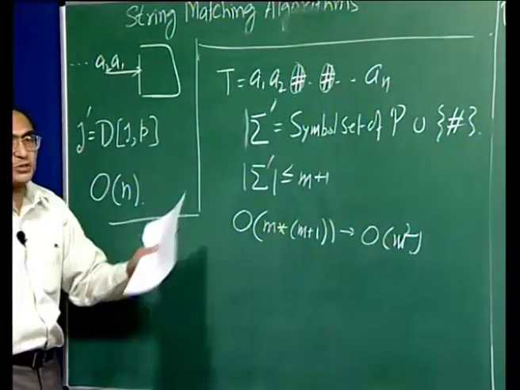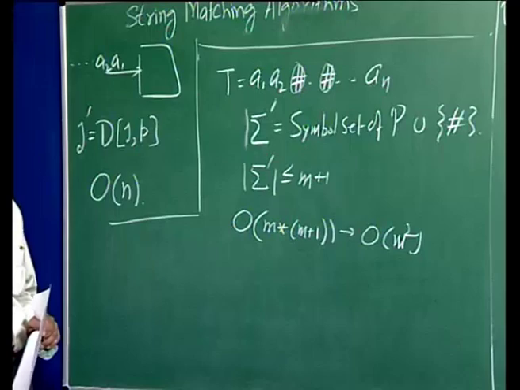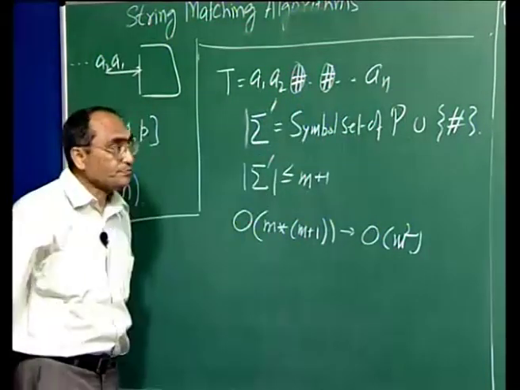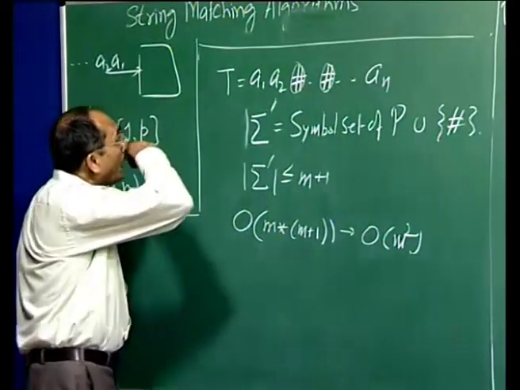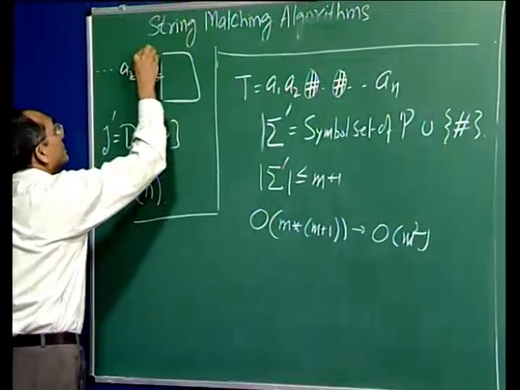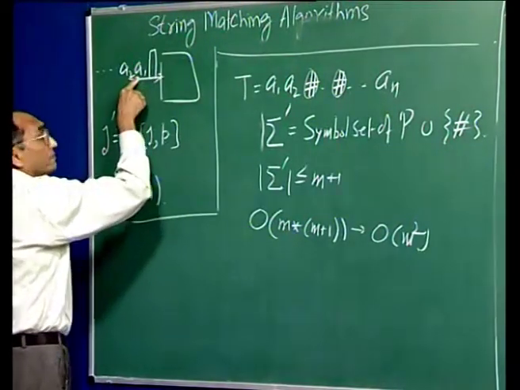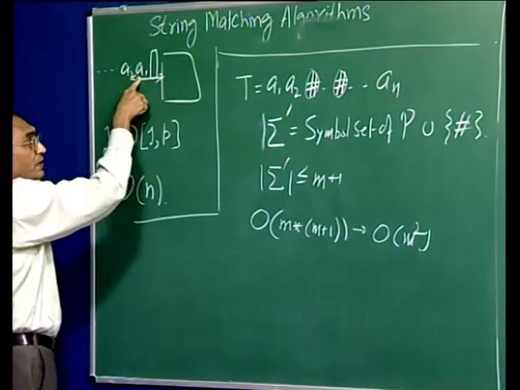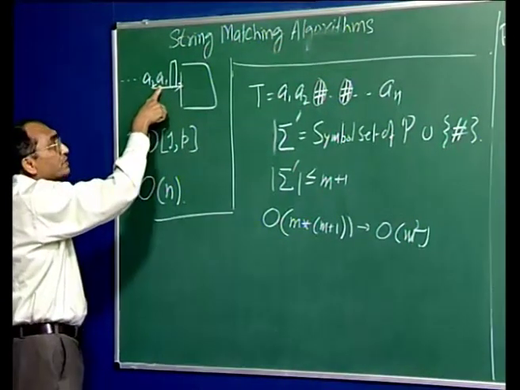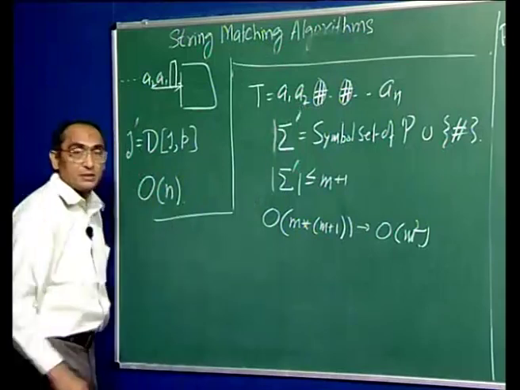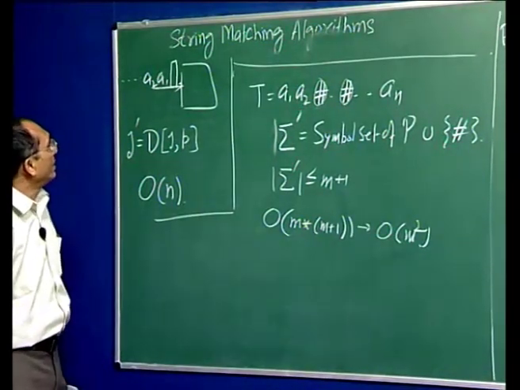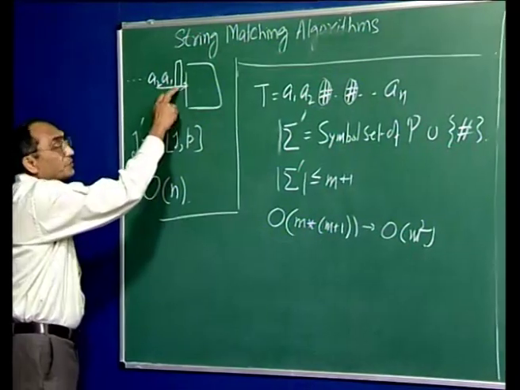But there is a price to pay for this. You will have to make these substitutions. So, as you are inputting here, somebody switches the symbol. If it is found to be an alien symbol, not a p symbol, it switches it to that special symbol. What is the cost of doing that?